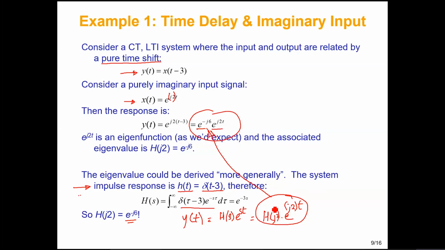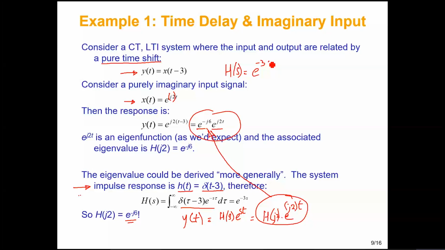Now let's do the same example just by changing the input. Let's keep the same system and just change the input to this system. If we keep the same system, then h of s remains the same because that is dependent on the system. So it is e raised to the power of minus 3s.